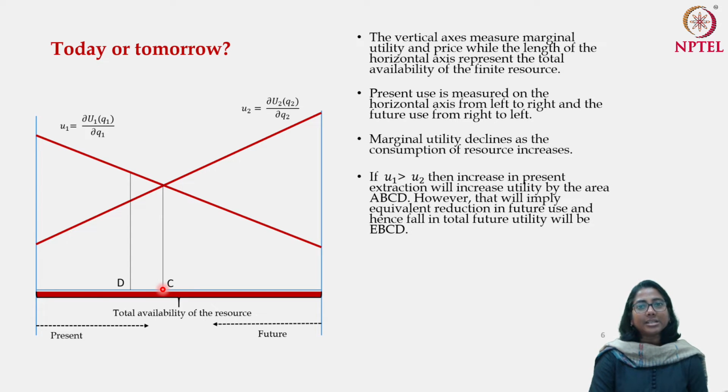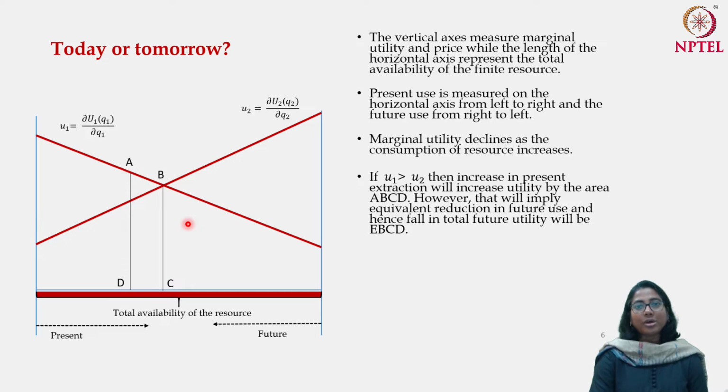What is the increase in your utility? Your total utility is increasing by the amount A, B, C, D. This area A, B, C, D represents the integration under the curve U1 between the two points C and D. So as you increase your present consumption from D to C, your total utility is going to increase by the amount A, B, C, D.